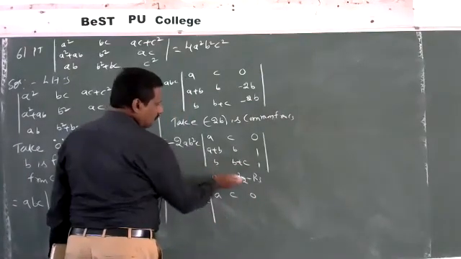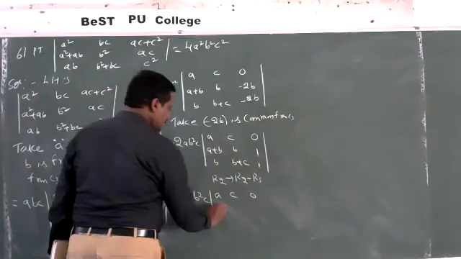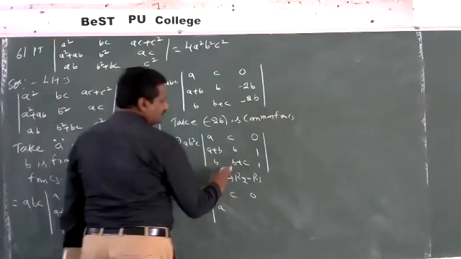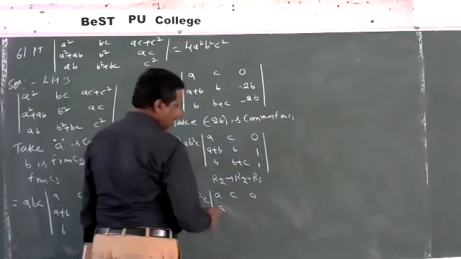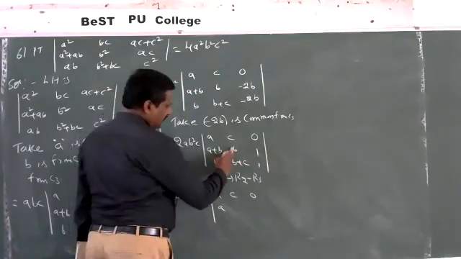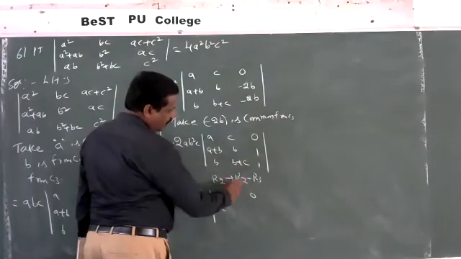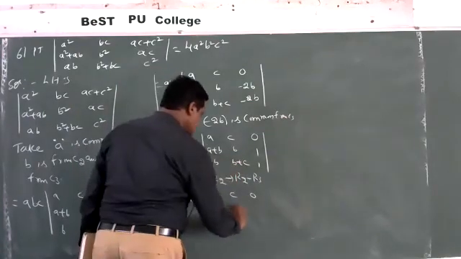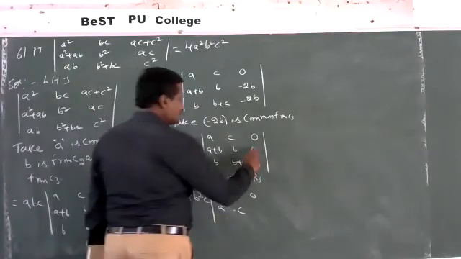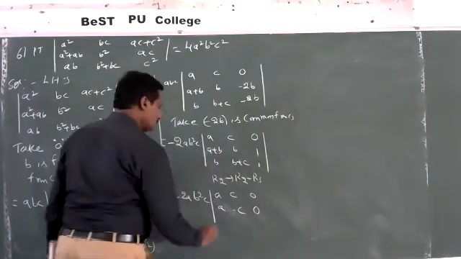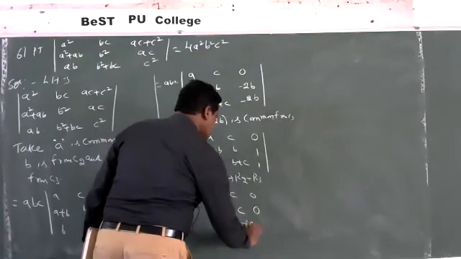R2 goes to R2 minus R3: A plus B minus B gives A, then B, B, and R2 minus R3 gives minus C. Next it is 1 minus 1, 0, B, B plus C, 1.